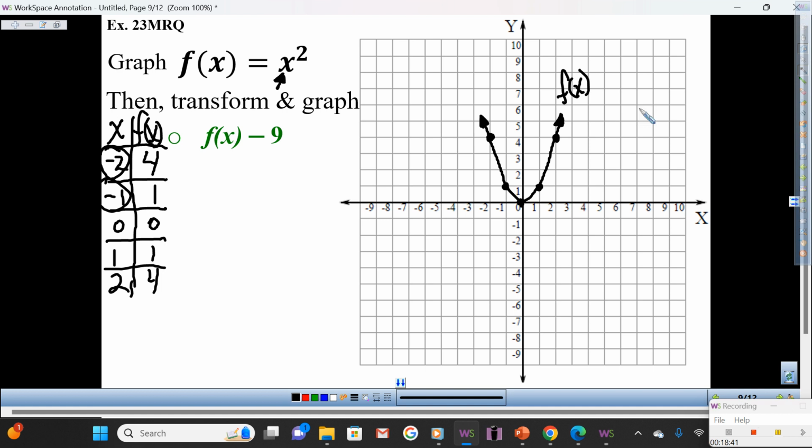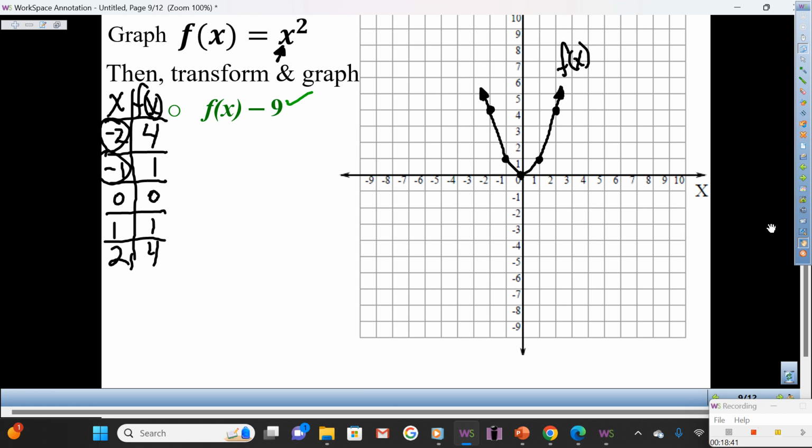All right. Now that we have our graph, it says transform according to this. So I'm going to use green. So before I do, tell your neighbor what's going to happen according to that. Remind them. All right, Jacob, pass on one. David, what's going to happen? 9 down.